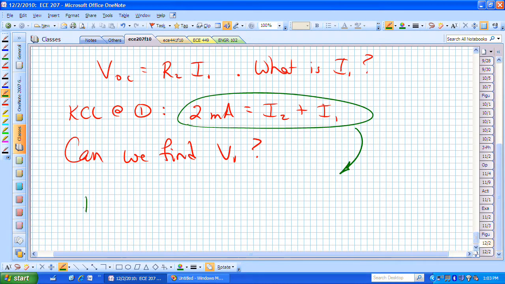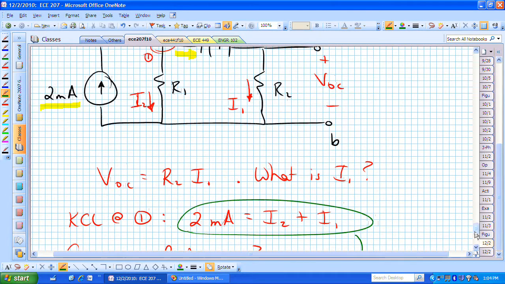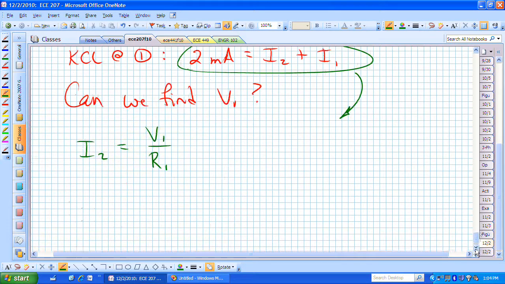We have the various pieces. We don't need the left side, we already know that, but I sub 2 is just V1 over R1, or did I label those differently? That's R1. I know R1, I don't know V1. Hopefully I can now re-express this KCL equation in terms of the one unknown, V sub 1.